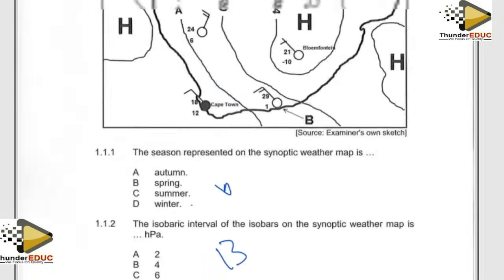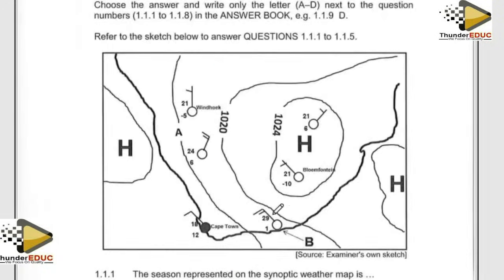We go to another one: southwesterly direction or southeasterly direction, which is Roman numeral 3. Looking at this weather station, it can't be southeasterly. We go back and check: is it southeasterly? No, it is not.